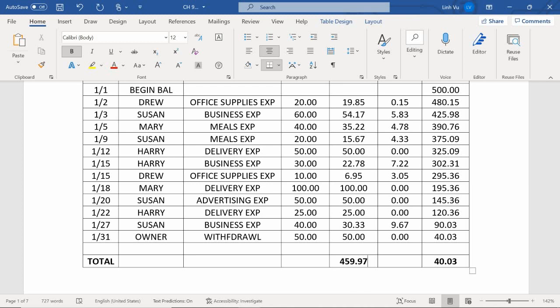Okay? In this case, what's the grand total of my petty cash drawer?